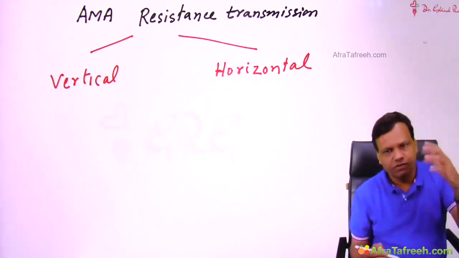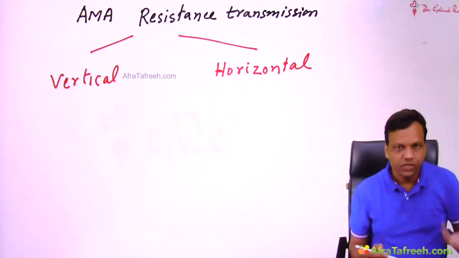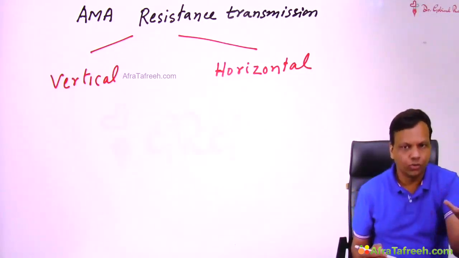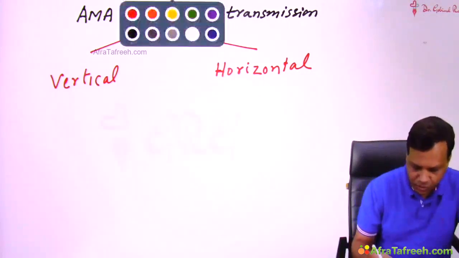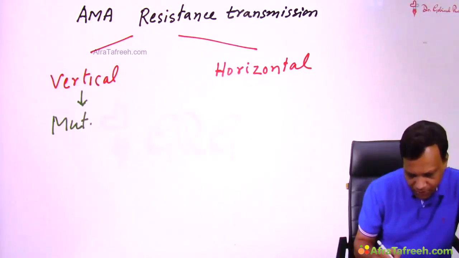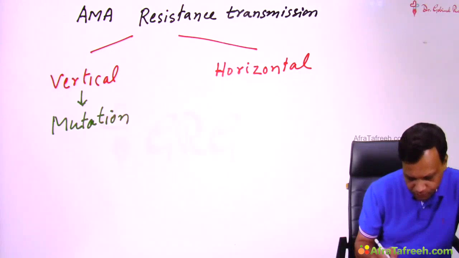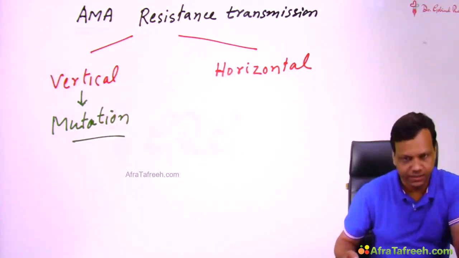Vertical transmission is from the parents to progeny. So when one bacteria divides into two, both the bacteria are resistant. The most important mechanism is mutation. Bacteria develop some mutation, and that mutation is passed on into all the progeny, so all the bacteria become resistant.